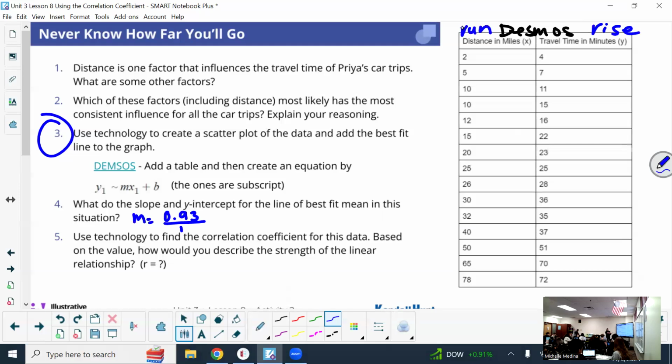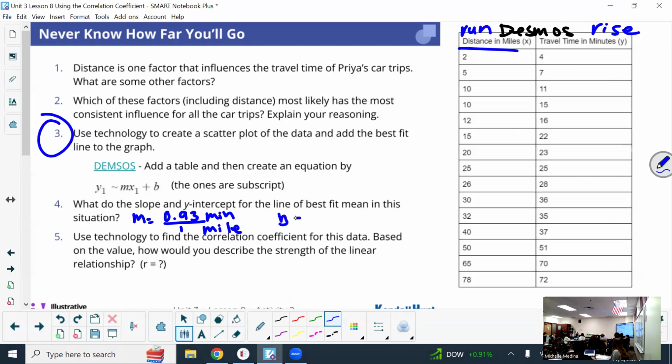Run is your x's. So whatever it's labeled as, that 0.93 is how much the time is changing by for every 1 mile that she has to drive. So rise over run, minutes over miles, is how we're labeling that. That's how much it changes by on average.